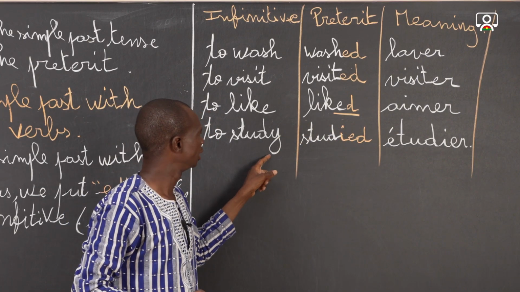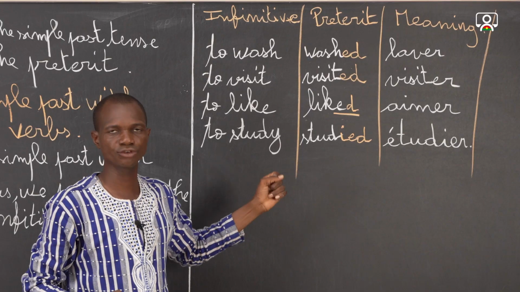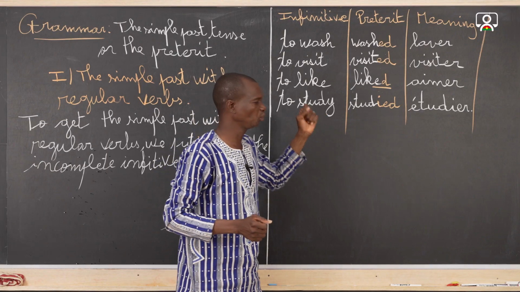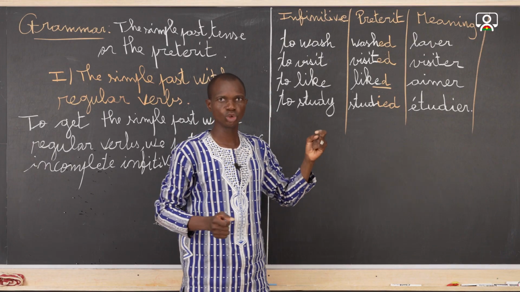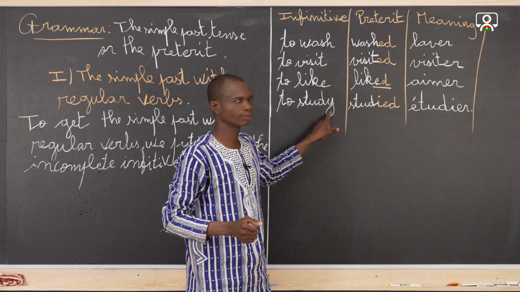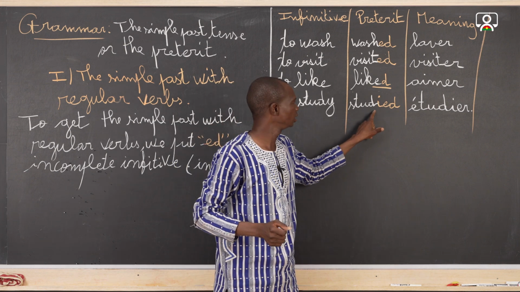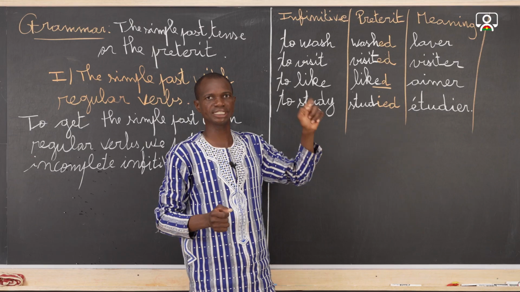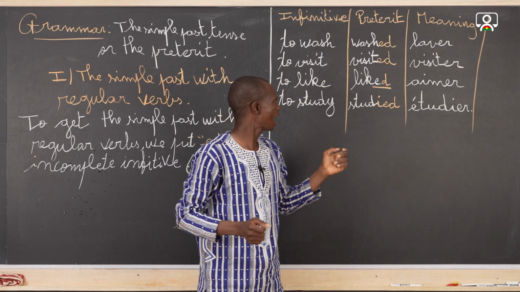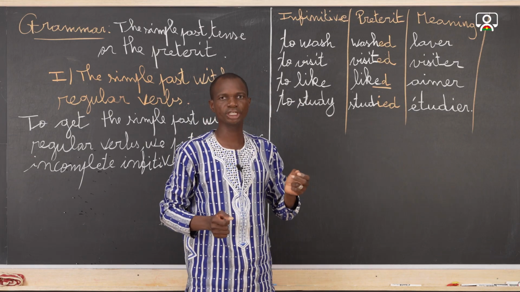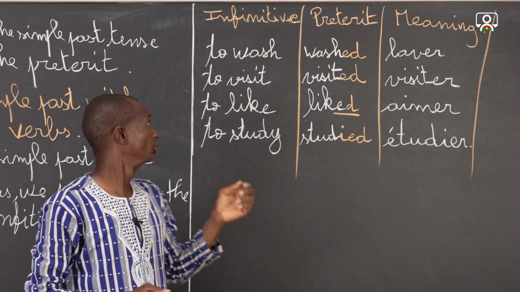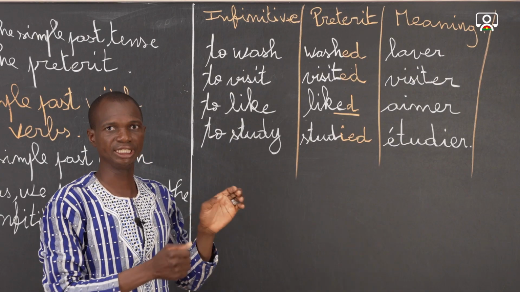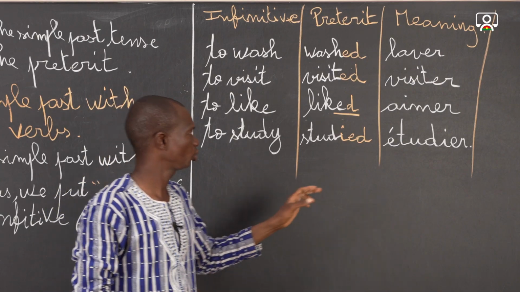And if the verb ends in y, as for example study, how can we get the simple past of this verb? Normally, we change y into i, and we put ed to get the simple past. These are some remarks that we can draw from getting the preterit of the regular verb.